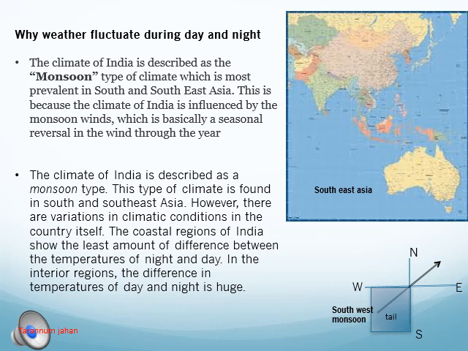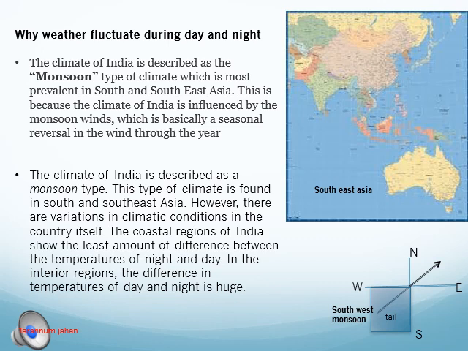See the diagram here. I have drawn north, south, west and east. When the winds are going from down to upward, these winds are the southwest monsoon. How do we call these winds southwest monsoon winds?